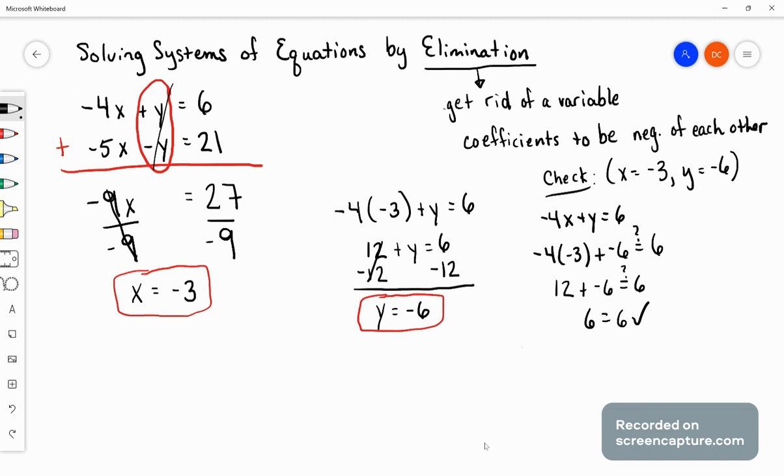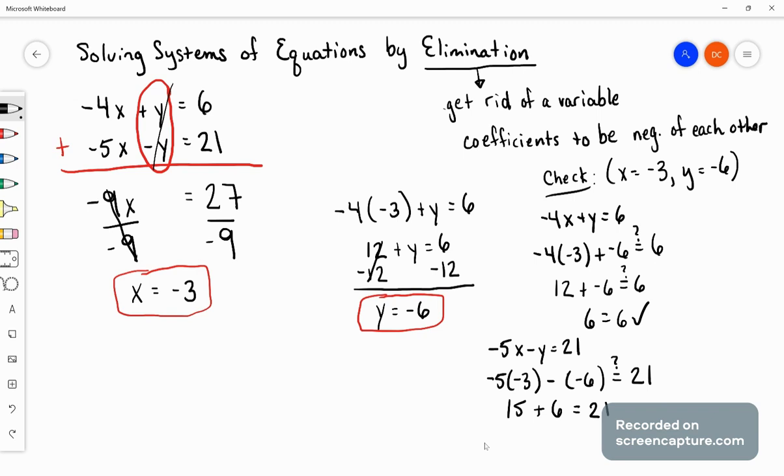And I'm just going to check it in my next equation. Negative 5x minus y equals 21. Negative 5 times negative 3 minus a negative 6. Does that equal 21? Again, negative 5 times negative 3, a negative times a negative is a positive, so we have 15. And then minus a negative 6 means we're going to do plus a positive 6.